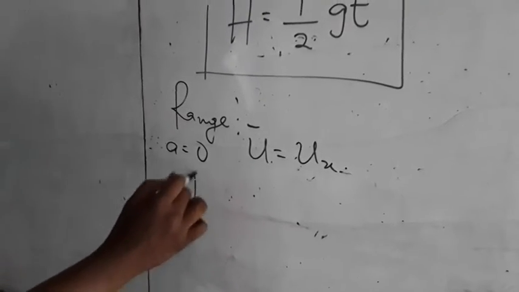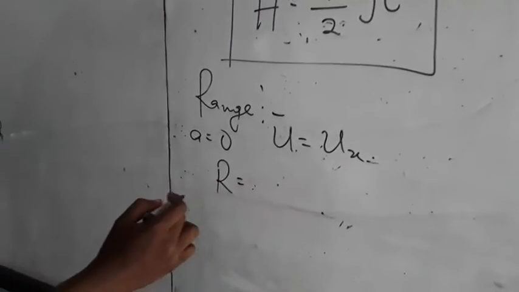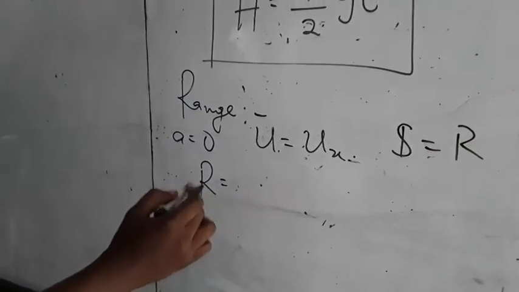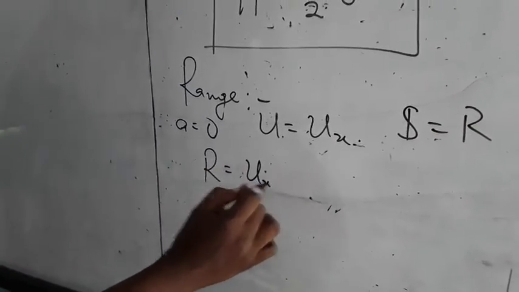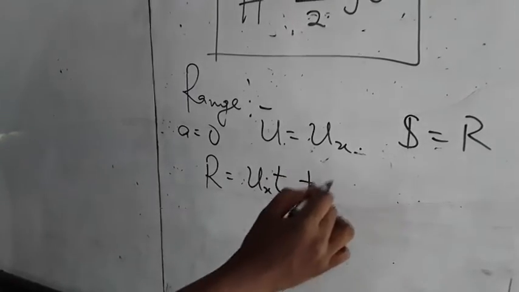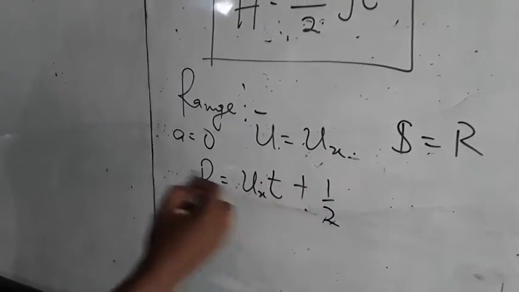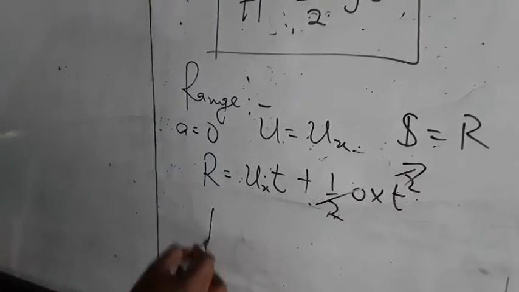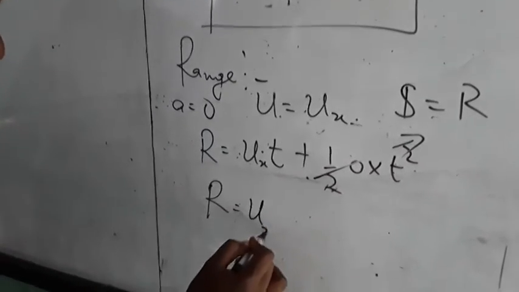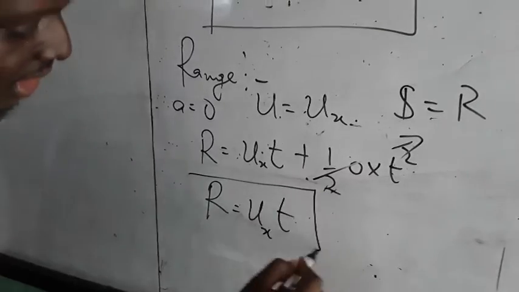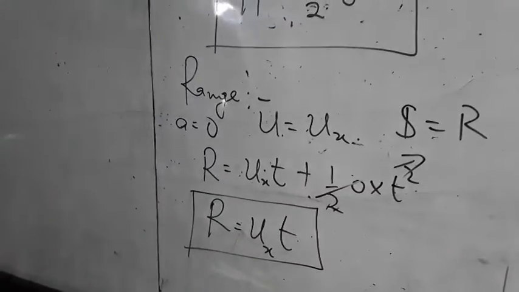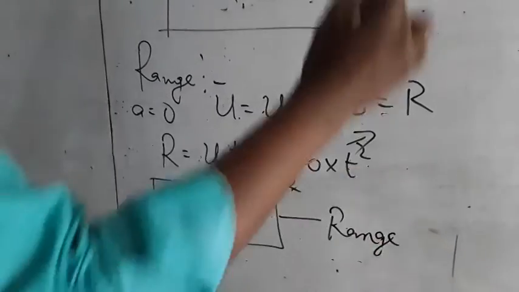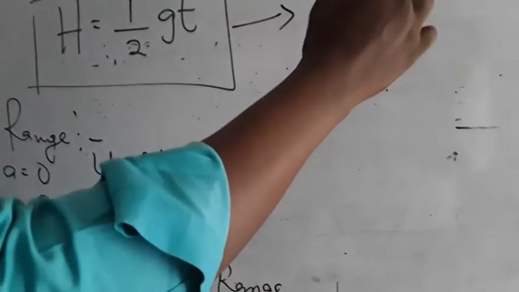Therefore, our range, which is our S, is Ux, the time still remaining, plus half 0 times t squared. So this one goes out. So we have R equals Uxt as our range. This is our range, while this is the height.